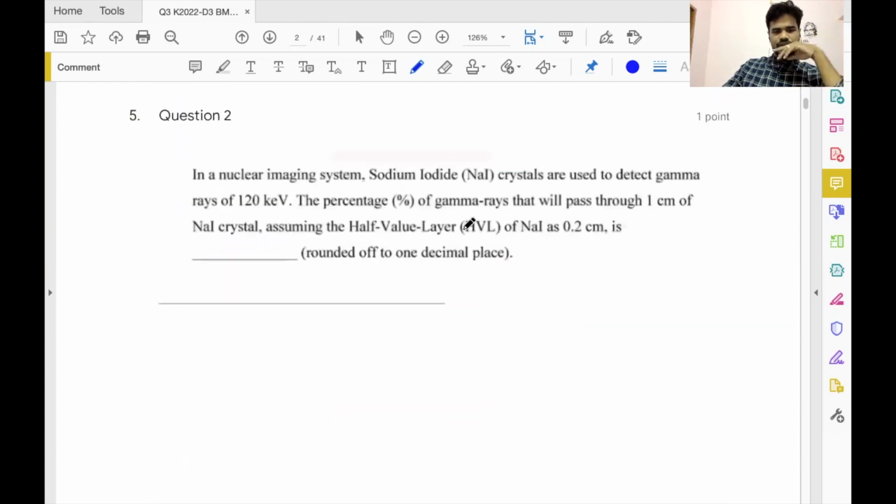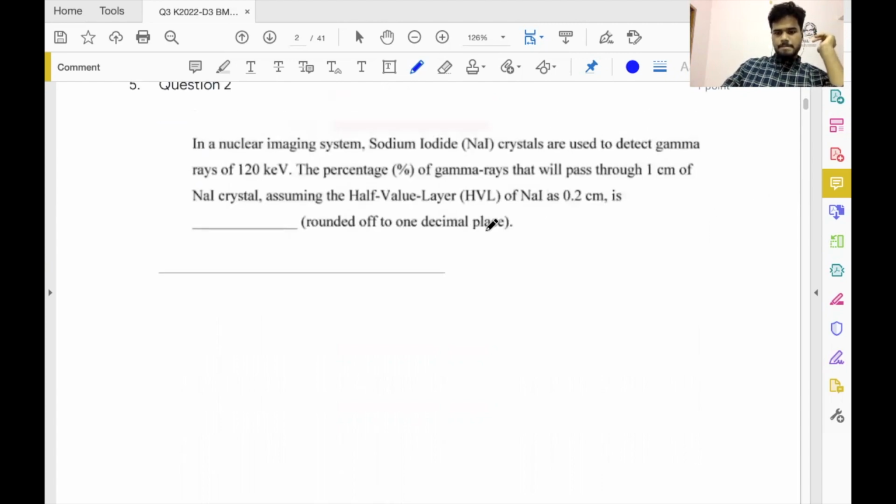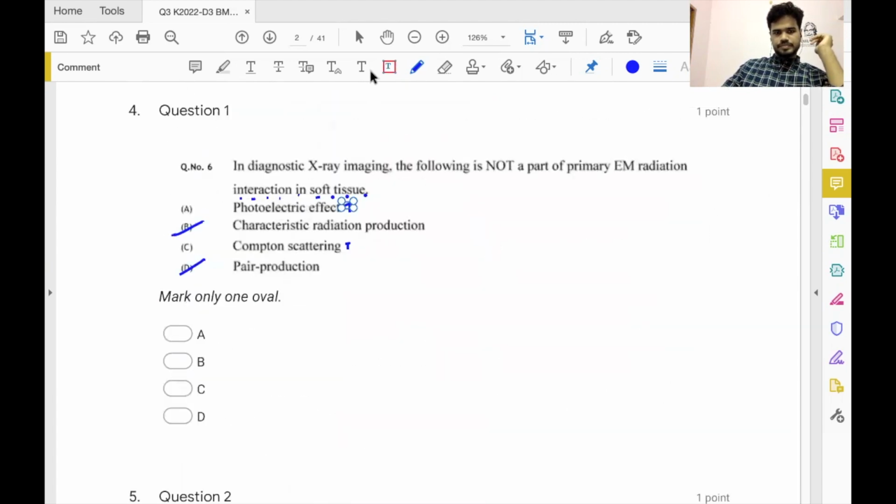That's a great question. A student says: in Prince and Links, it is written that primary EM radiation interaction has 3: photoelectric effect, Compton, and pair production. Here, one more is added: diagnostic X-ray imaging.